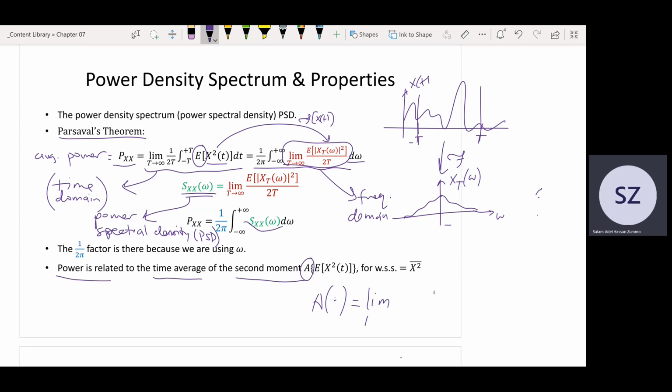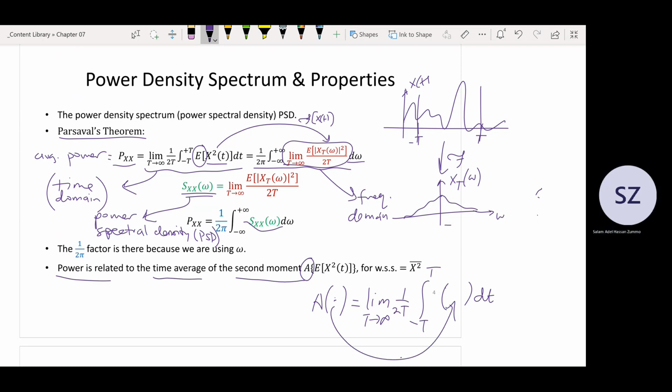It was the limit as t goes to infinity of 1 over 2t of the integral from minus t to t of whatever. So this is called the time average. So the average power is the time average of the second moment of your signal. Okay.